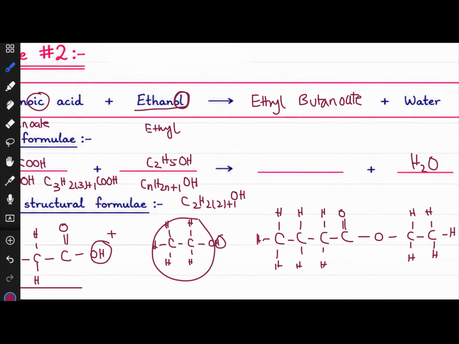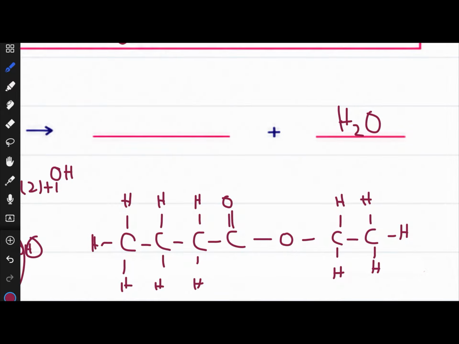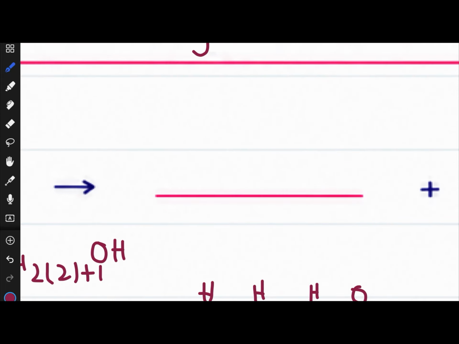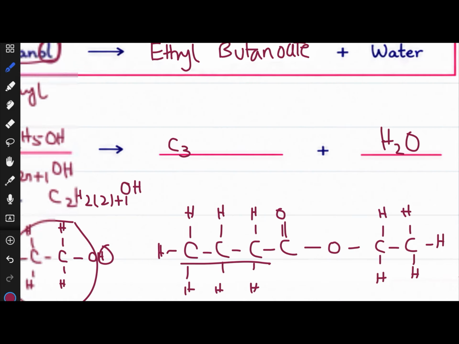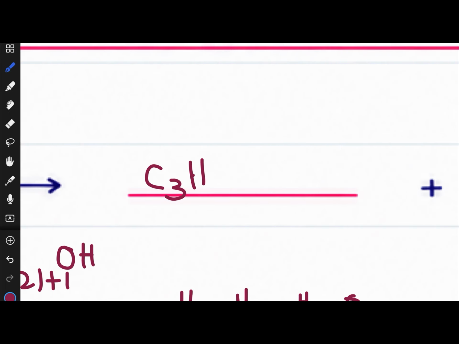Now let's talk about the molecular formula. Firstly, let's count the carbon atoms that we have here. We have 3 carbon atoms from this side, so we're going to write C3. And then we have how many H? We have 1, 2, 3, 4, 5, 6, 7. So we're going to write C3H7.